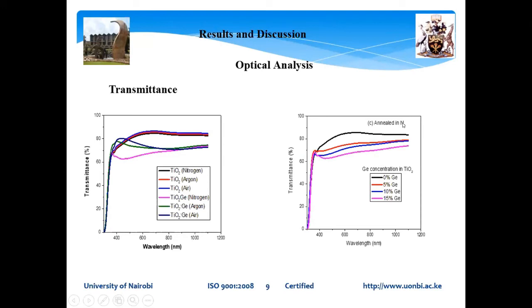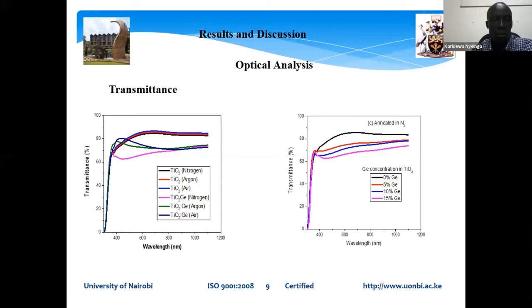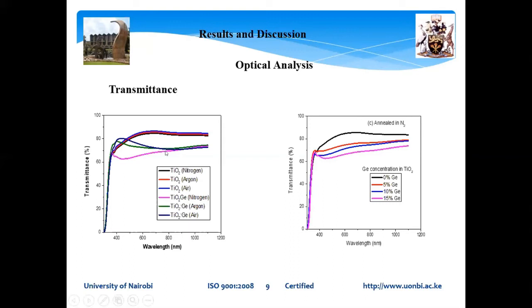And you also note that for those other films annealed in air and argon, they behave in a similar way. I mean, the arrangement of the spectra is almost the same.